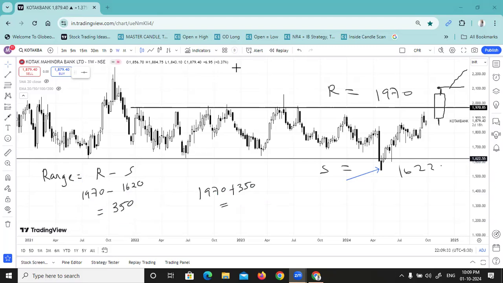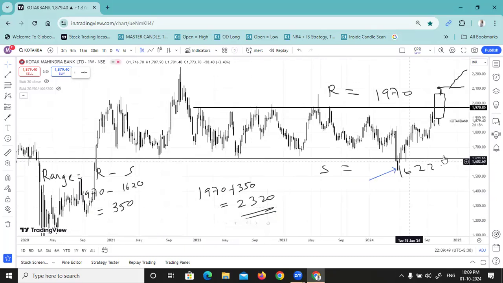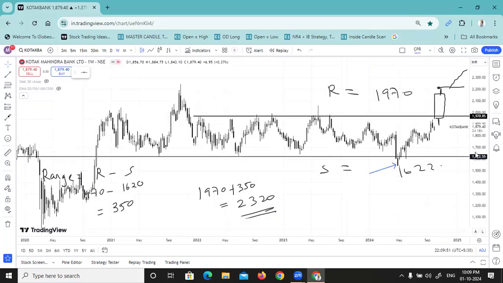So 1970 plus 350, that should be the target. So the target will be 2320. Got this point?